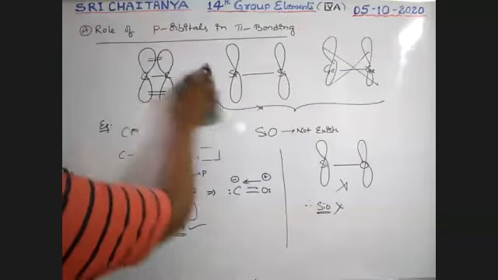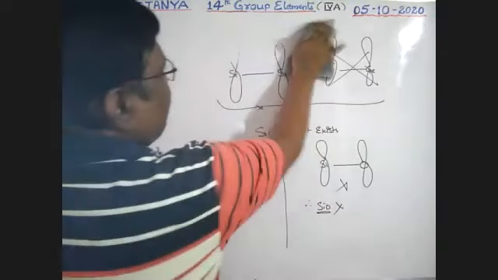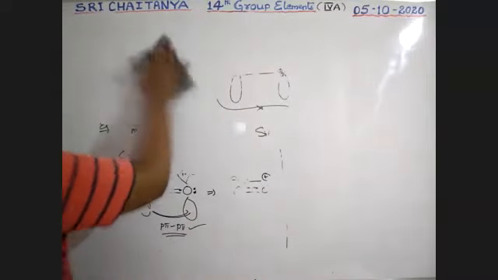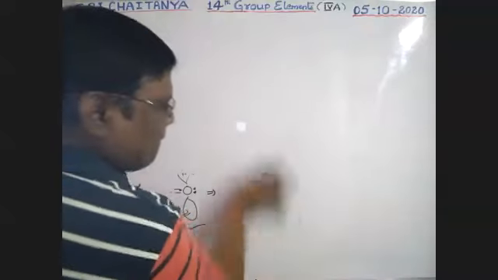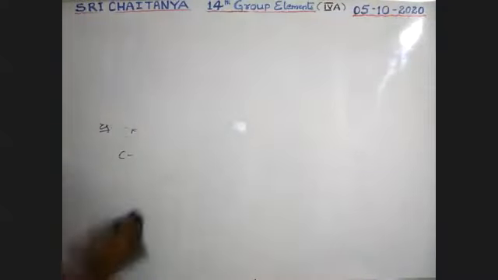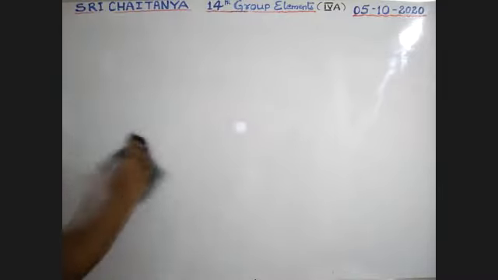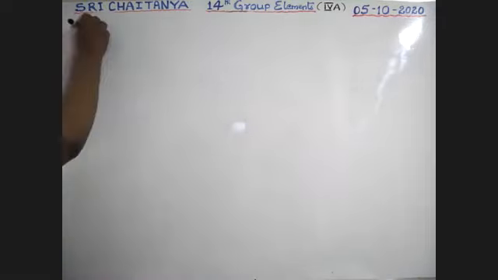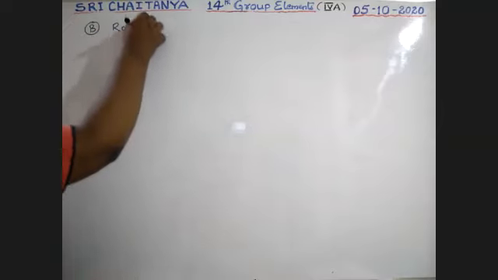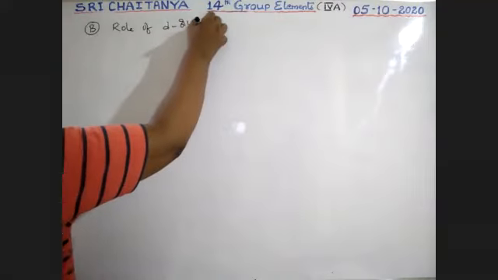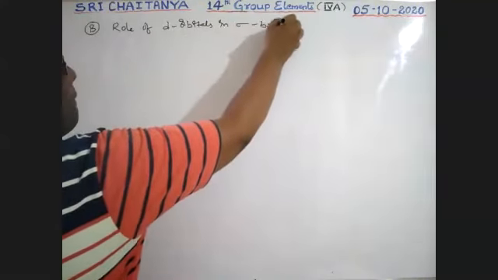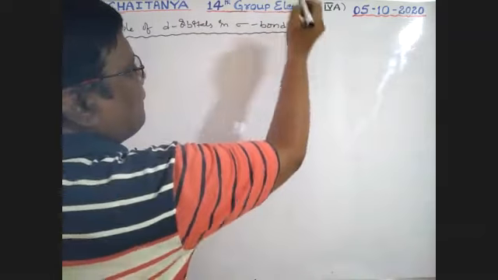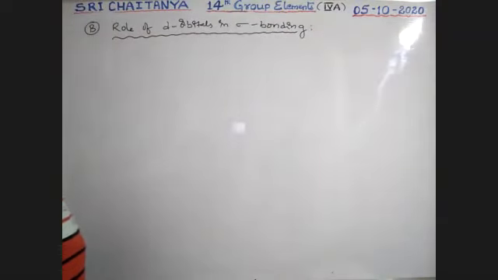See here, next heading: B. Role of d orbitals in sigma bonding. And how is a sigma bond possible?